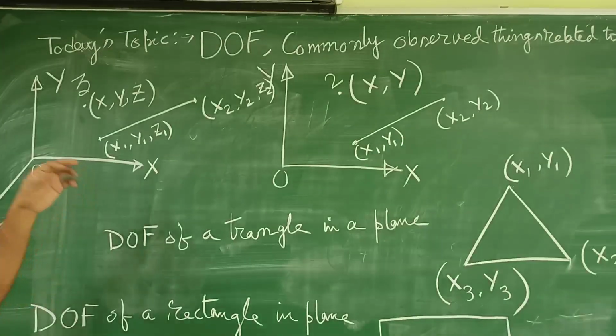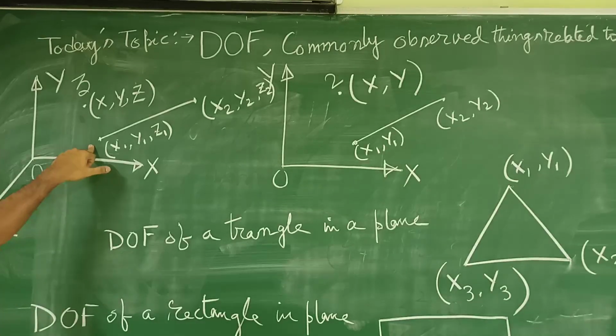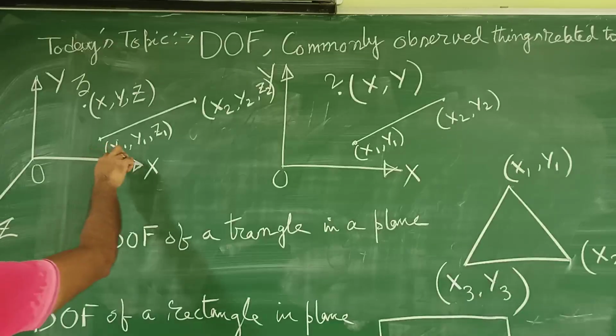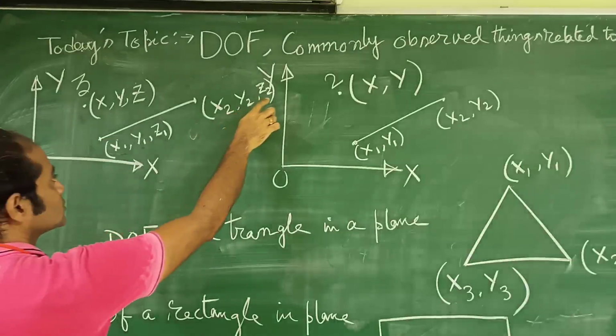Now let's come to the case of a straight line in capital XYZ, or 3D space. You can represent that in terms of x1, y1, z1, x2, y2, z2.